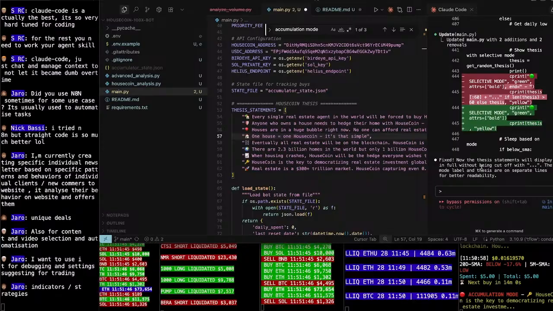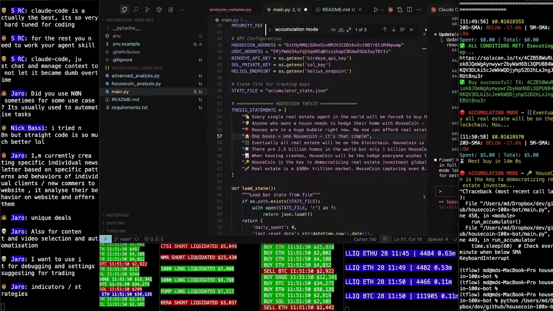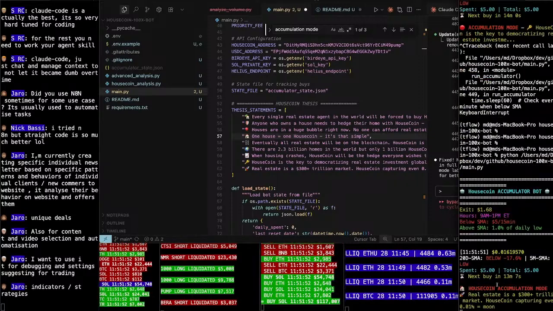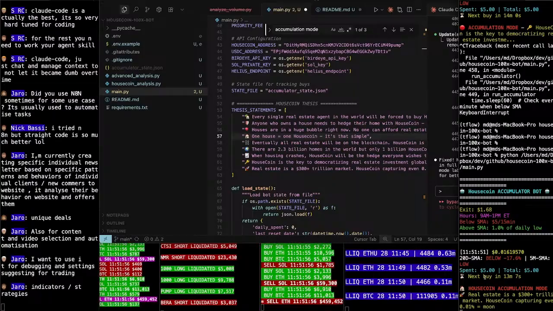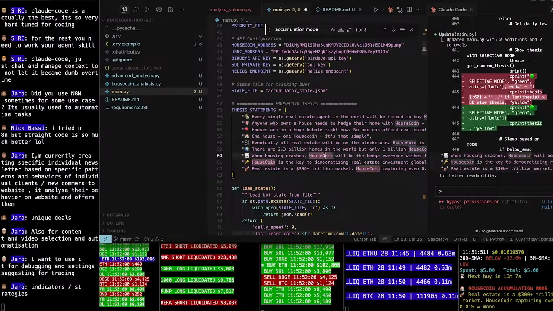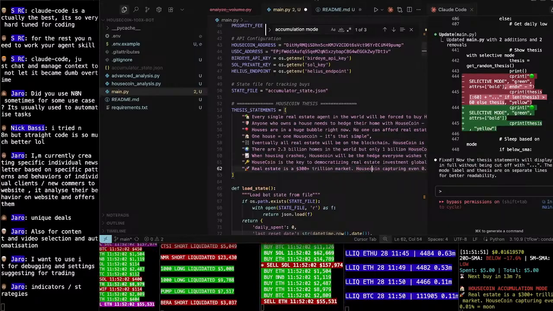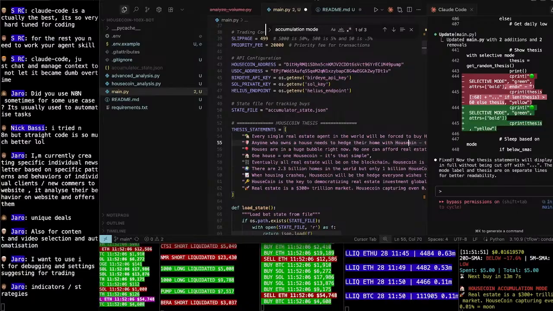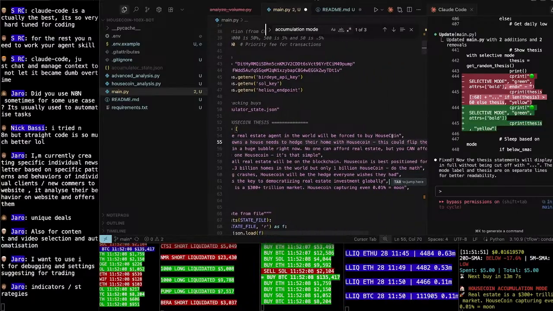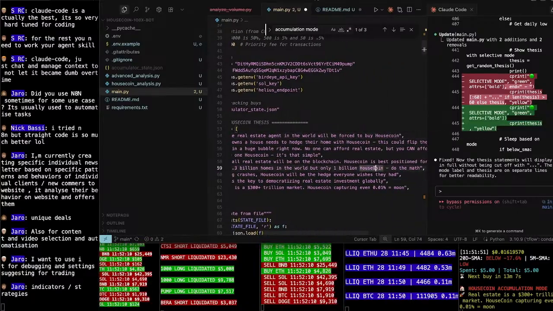Fix: now the thesis statements will display in full without the cutoff. I mean, I don't want all these theses, I only want my true ones. But I'll go ahead and work on that here in a second.